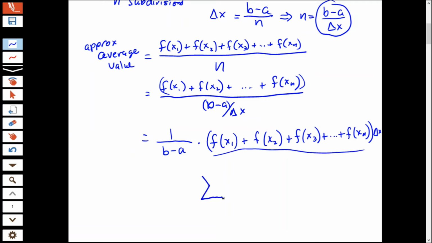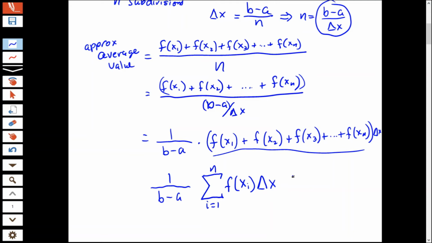So I'm going to write it with summation notation because we're adding together all of these y values, and I'm going to say i equals 1 to n, and multiplying it by this delta x. Well, that is a Riemann sum, which is an approximation for an integral.